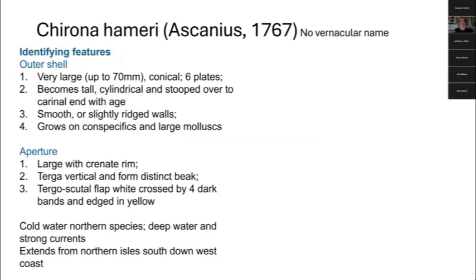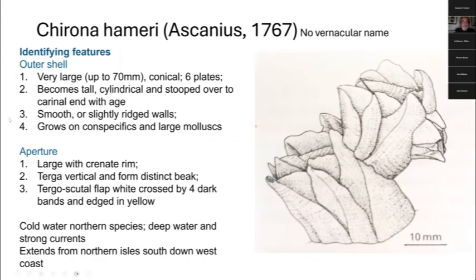Coming back into deep water now with Chirona hammeri. This is a very large barnacle, up to 7 centimeters in length, or biggest diameter. It starts off like Perforatus and like Balanus, with which it shares similarities.